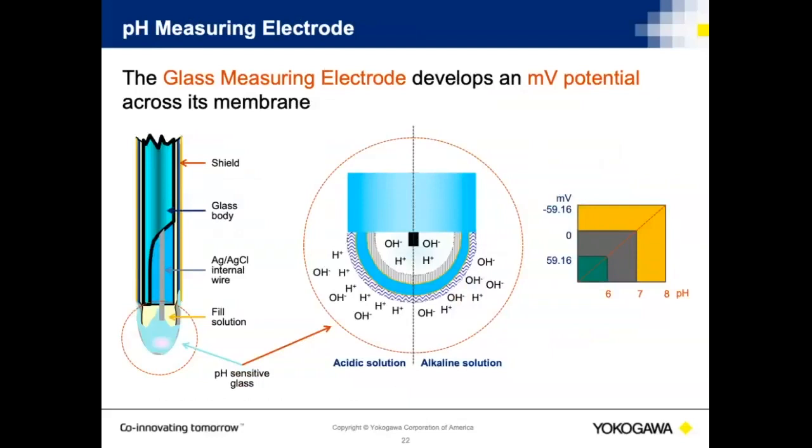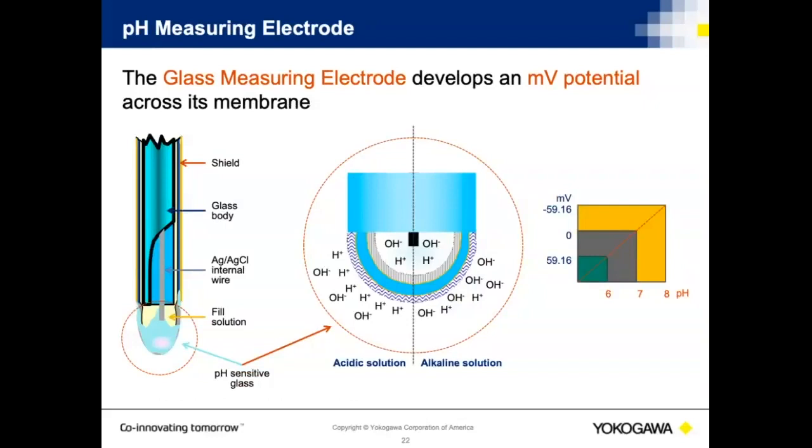Here's a little bit higher detail of what happens on the glass. The glass is actually formulated to some very specific specifications. We attract hydrogen ions to the surface of the electrode. That surface of the electrode collects the hydrogen ions, and we develop a voltage across that membrane.